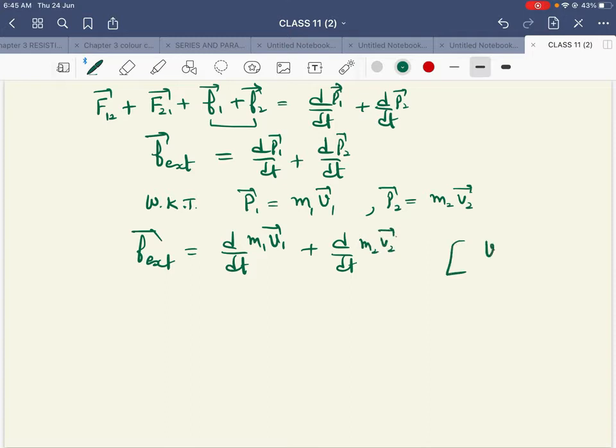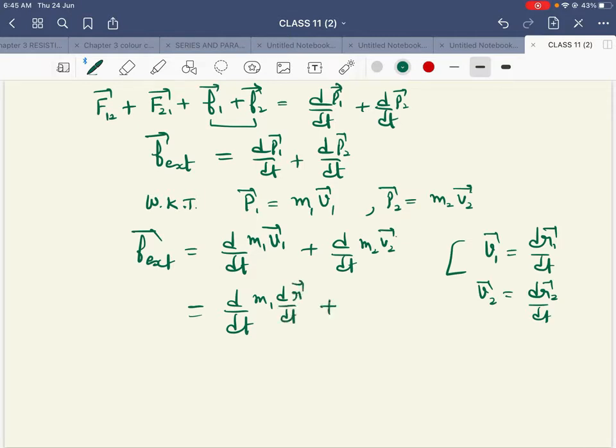Also velocity v1 is equal to dr1 divided by dt and v2 is equal to dr2 divided by dt. Now by putting the values of v1 and v2, we get this force is equal to d upon dt of m1 into dr1 vector divided by dt plus d upon dt of m2 into dr2 divided by dt.